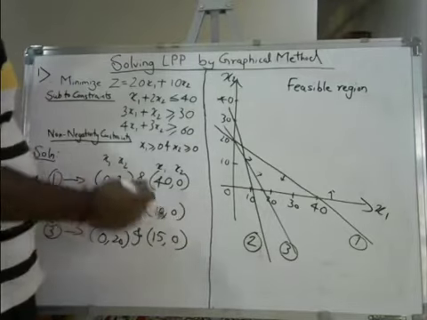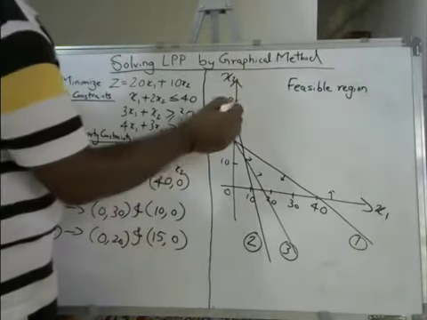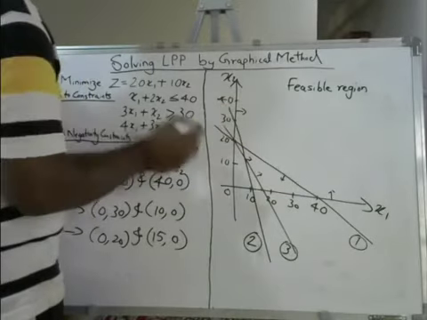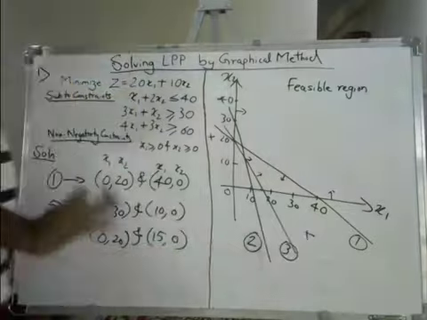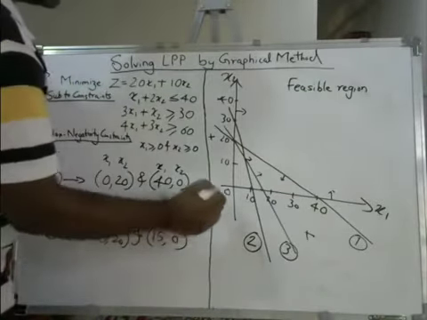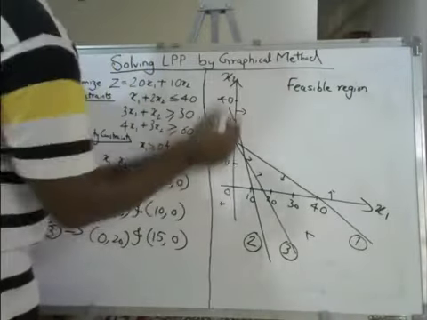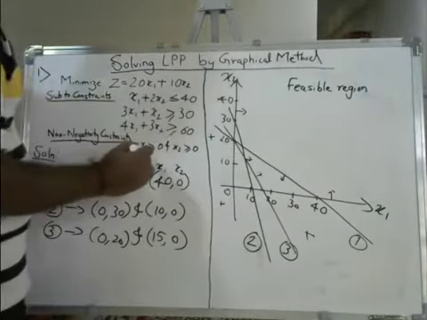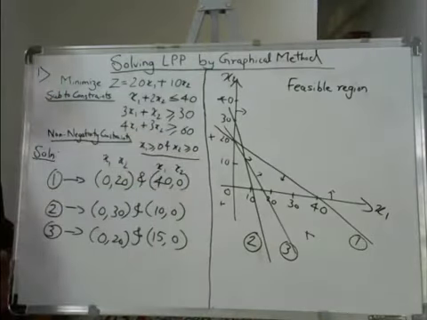If we see X2 is greater than or equal to 0, that means the feasible region lies here. It does not lie here, not here or here. Never. So the feasible region always lies in this quadrant only, according to the X1 and X2 non-negativity constraints.